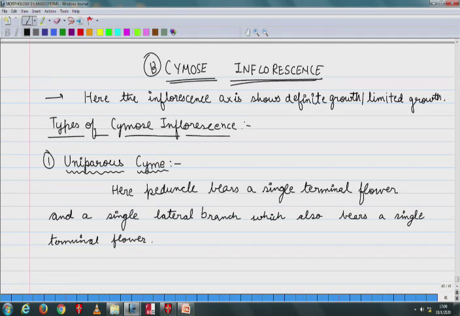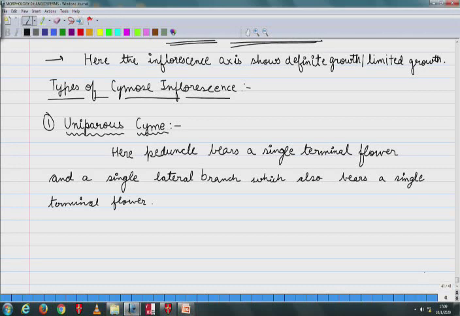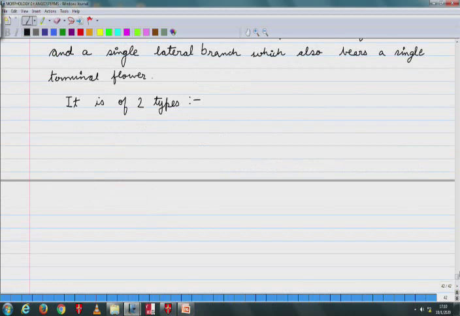Now it has 3 different types, but in your course only 2 types are described, so basically we'll study 2 only.